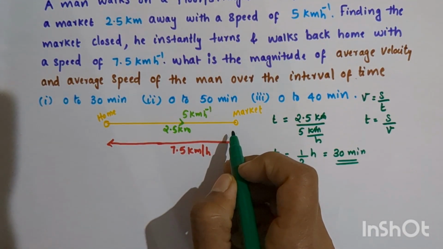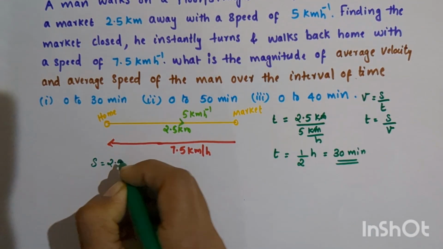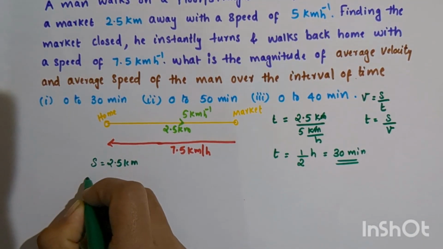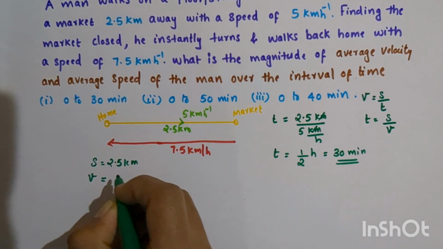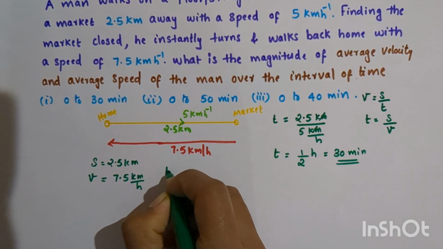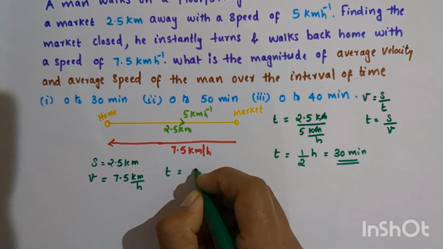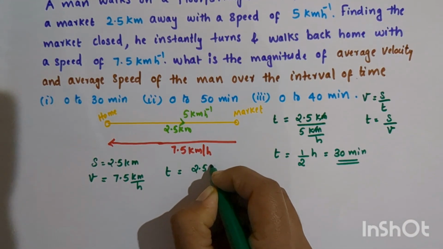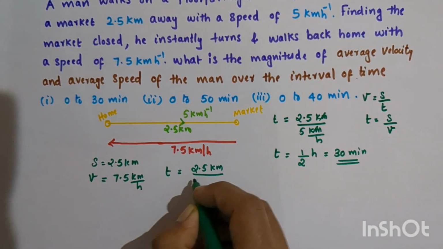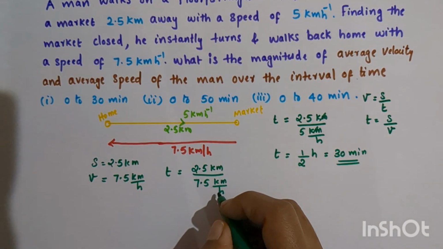From the market to home, the distance is 2.5 kilometer, but the speed with which he has traveled is 7.5 kilometer per hour. So the time taken t will be equal to distance, 2.5 kilometer, divided by speed, 7.5 kilometer per hour.